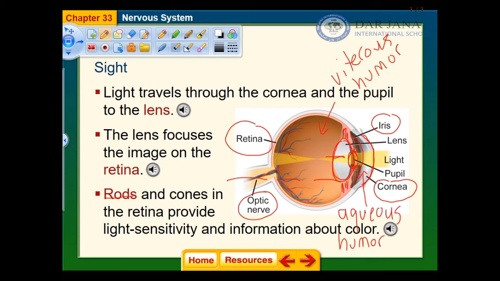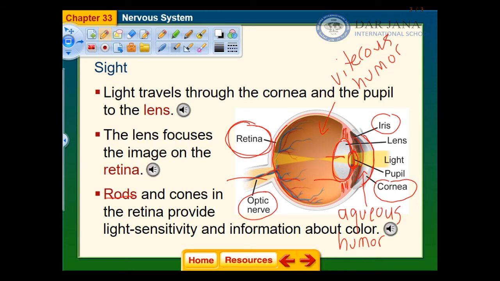Okay, in the retina, guys, we have a retina that is found here. In the retina, we have the nerve receptors that are stimulated by the light.